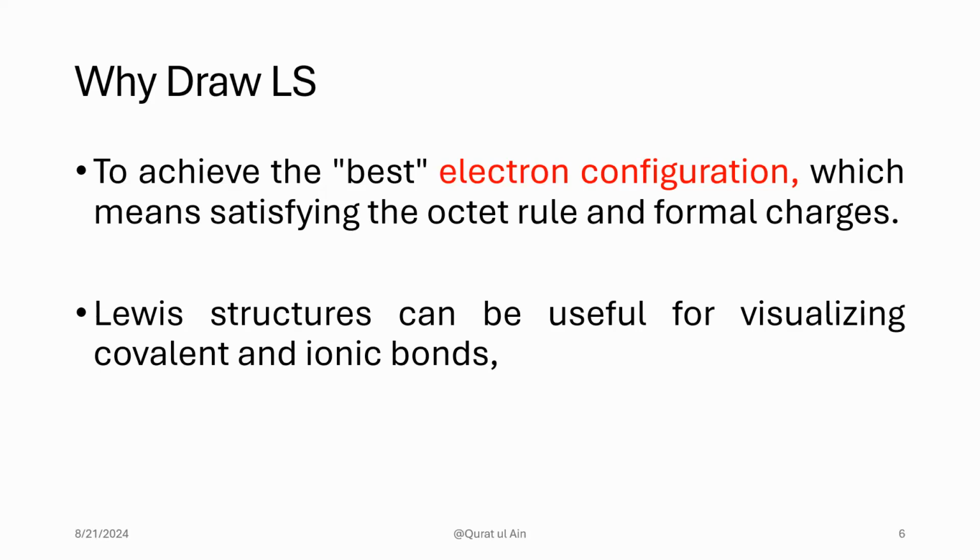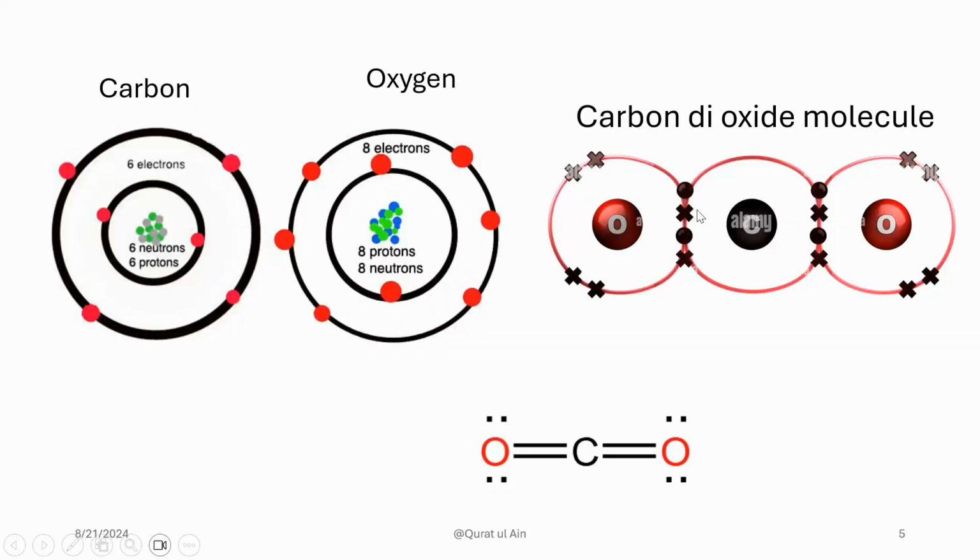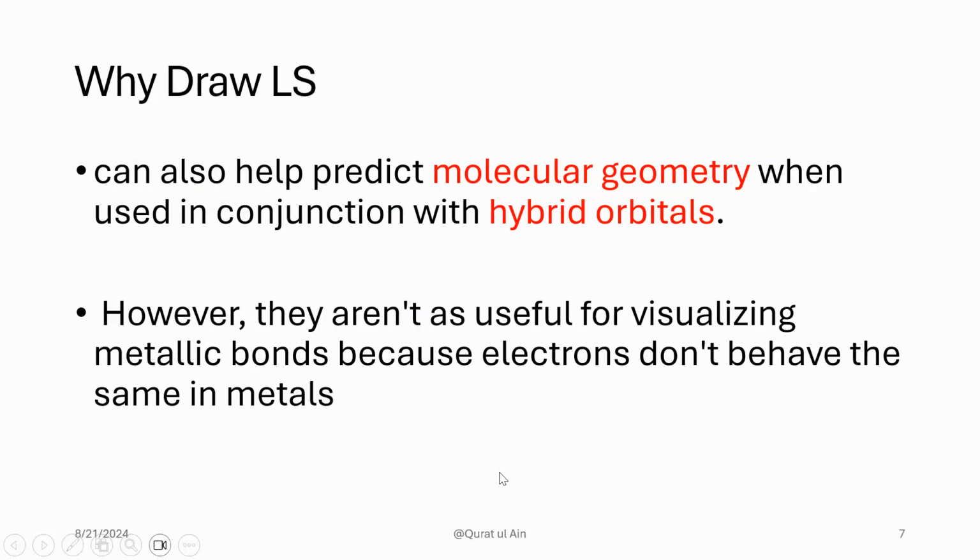When we see the diagram of a molecule presented as a Lewis structure, we can quickly get an idea of how many bonds are present in the molecule, and what type of bonds are present, either single or double, one double bond, two double bonds, or a triple bond, and how many lone pairs of electrons are present in the molecule.